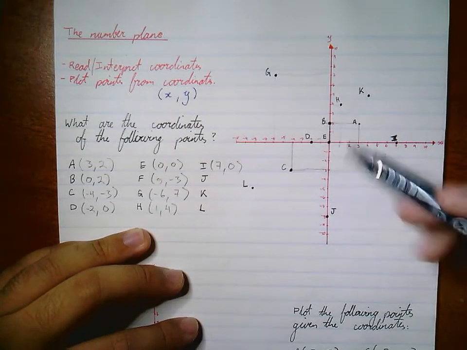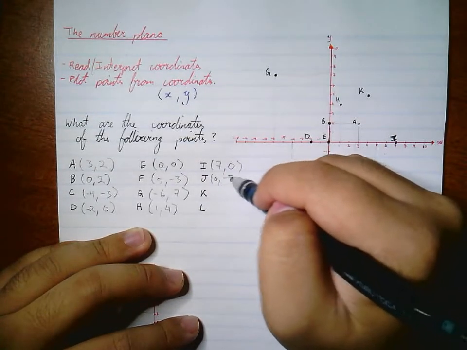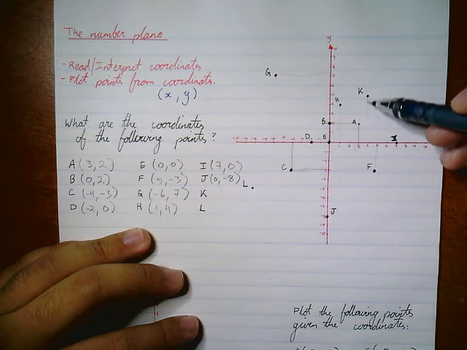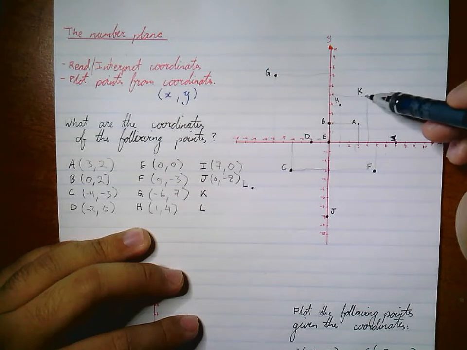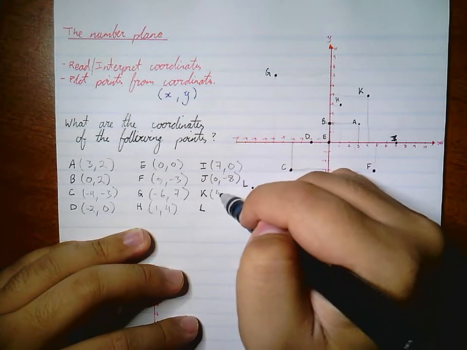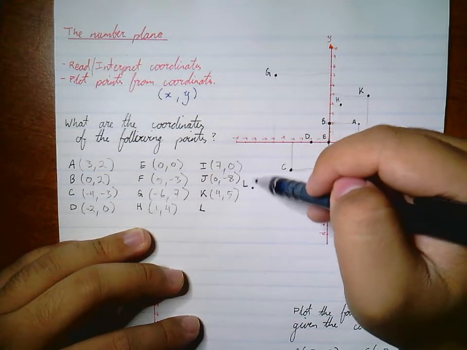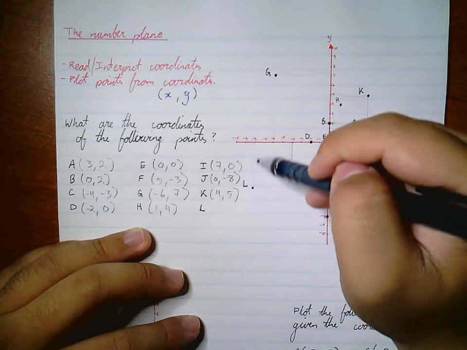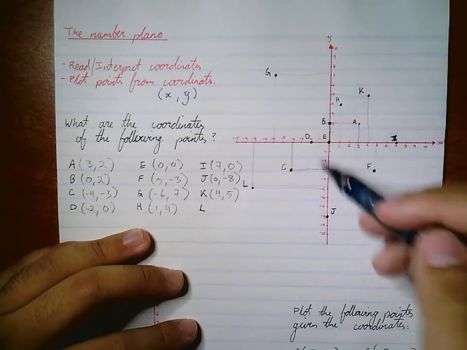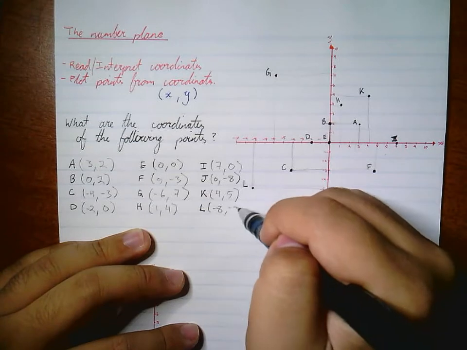It's still on the line, so it has to be 0, but it has moved downwards negative 8 spaces. Point K, from the looks of it, is 4, 5. And point L, all the way back here, the closest from the looks of it is negative 8, negative 5.